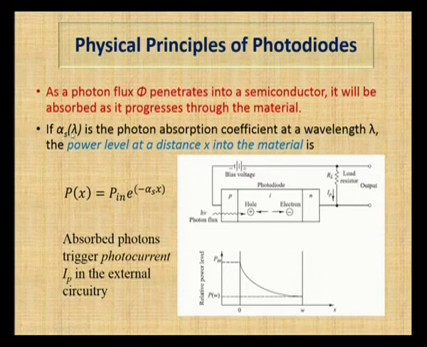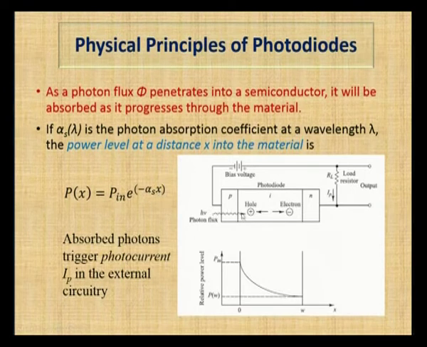If alpha s of lambda is the photon absorption coefficient at a wavelength lambda, what is the power level at a distance x into the material? It is given by P of x equal to P in e to the power of minus alpha s into x, where x is the distance.